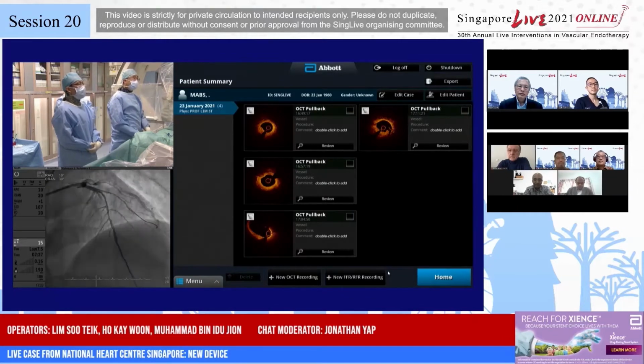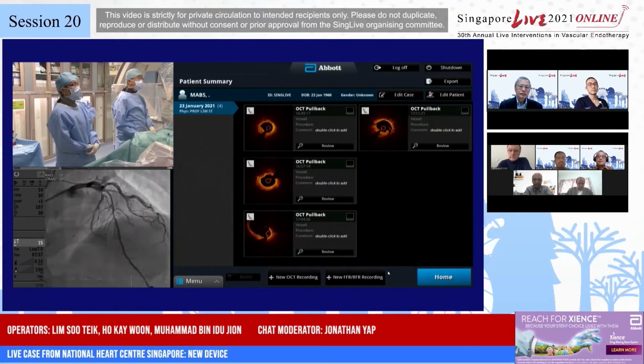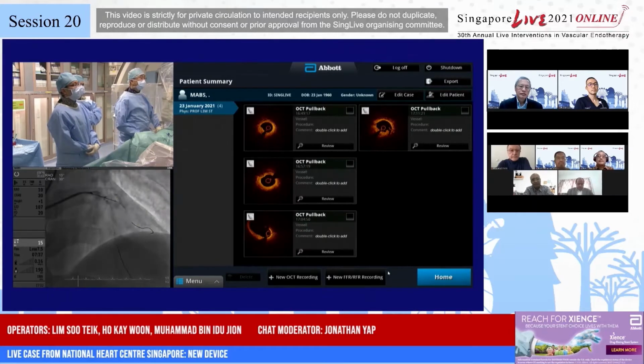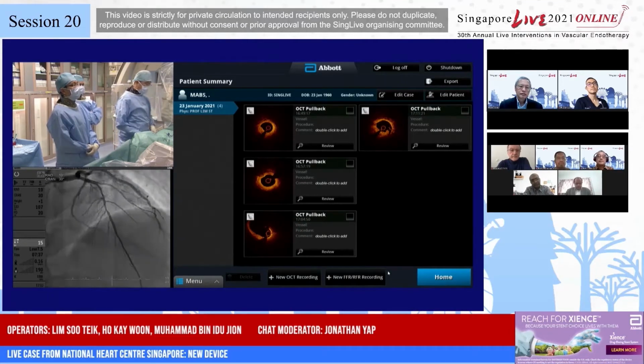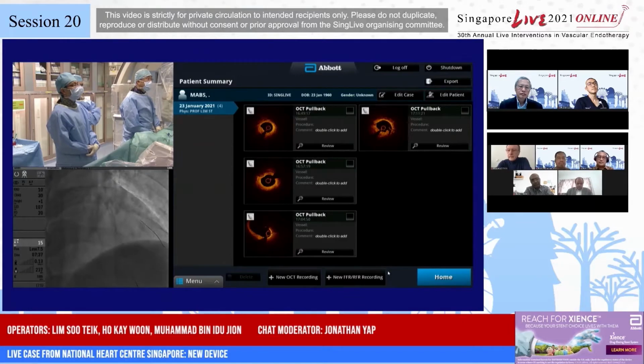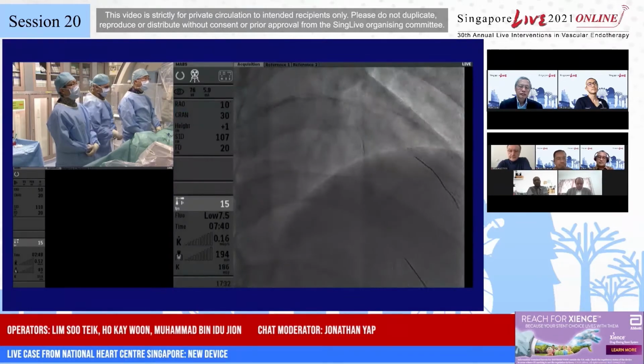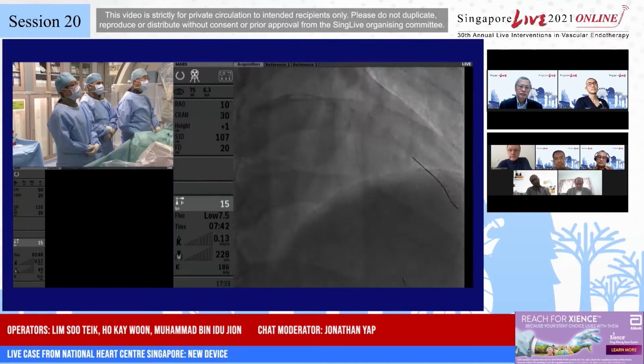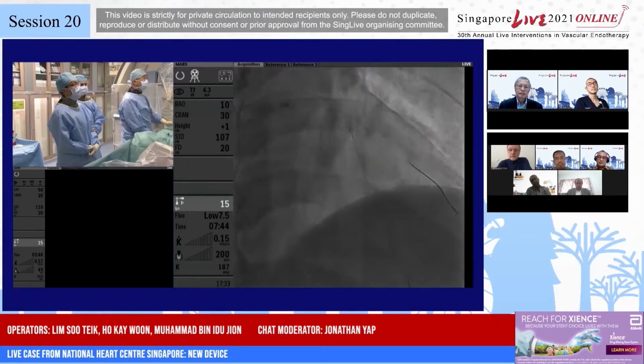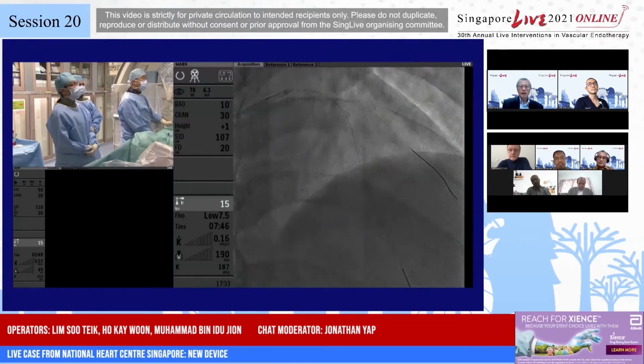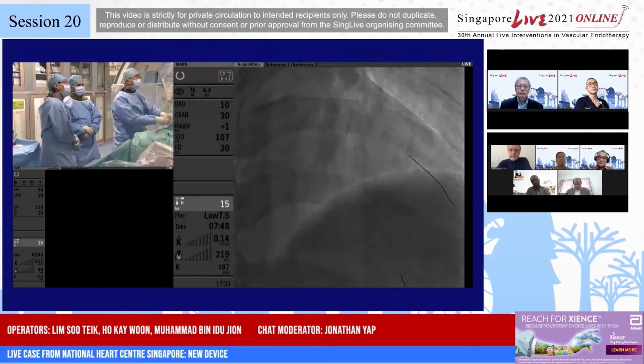The concern is, once we cross over the diagonal, if anything compromises the diagonal, we may need to perform a POT in the proximal LAD. Even using the 38 millimeter stent, we may not have enough length to adequately do a POT with the shortest 8 millimeter balloon that we have.